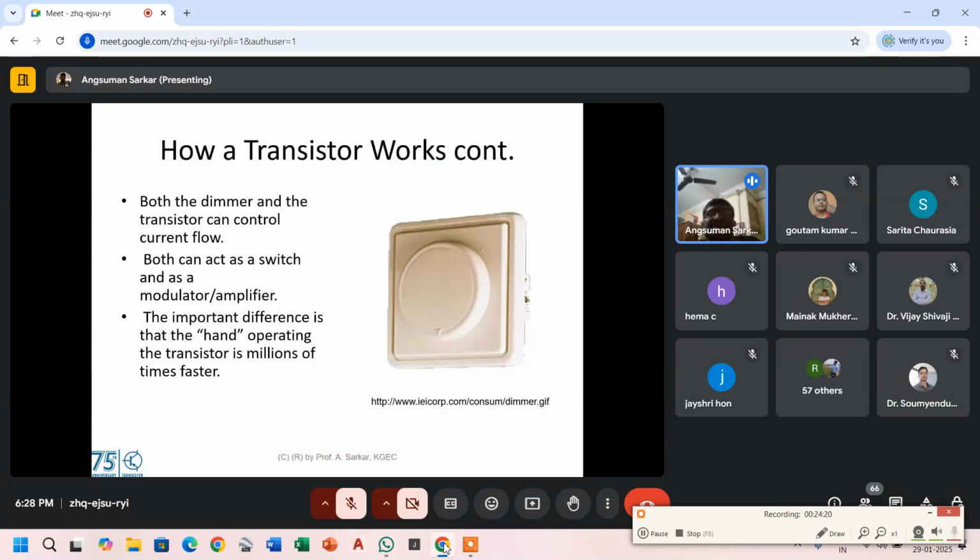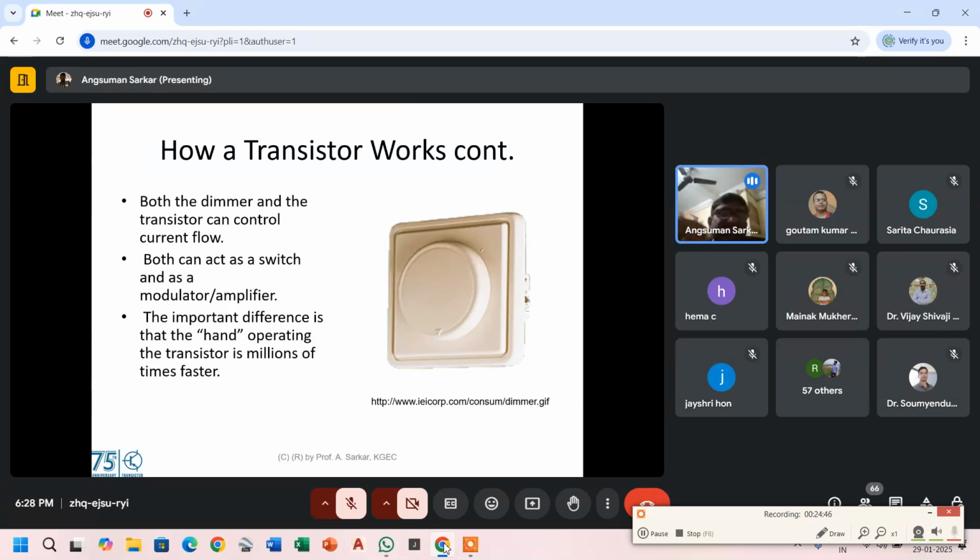So how does a transistor work? Both the dimmer and the transistor can control the current flow, there is no doubt about it. Both can act as a switch and as a modulator or amplifier. But the important difference is the dimmer is operated by our hand, so it is a hand-operated device, and the transistor is operated by feeding clock voltages or a clock signal.